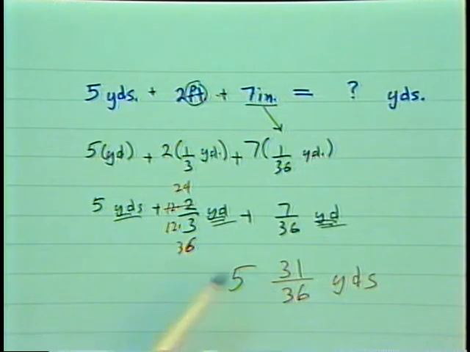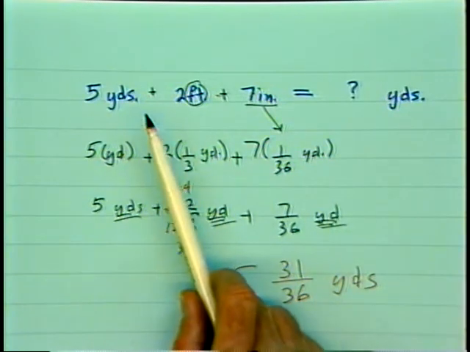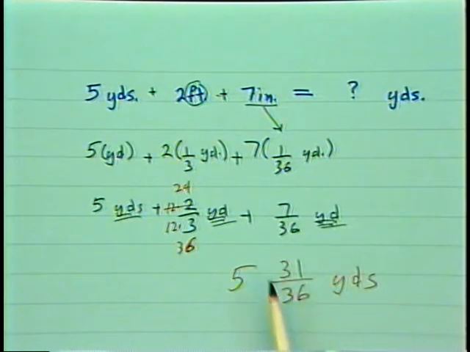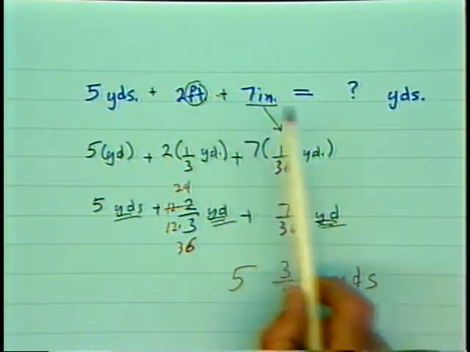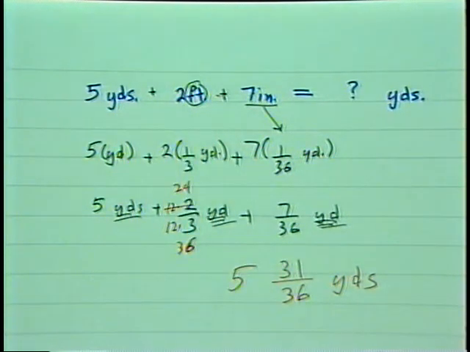almost 6 yards. The point we're trying to make is that although usually we'll go to the smallest unit because we can avoid fractions by doing it, we could change this to yards if I wanted to, or feet if I wanted.